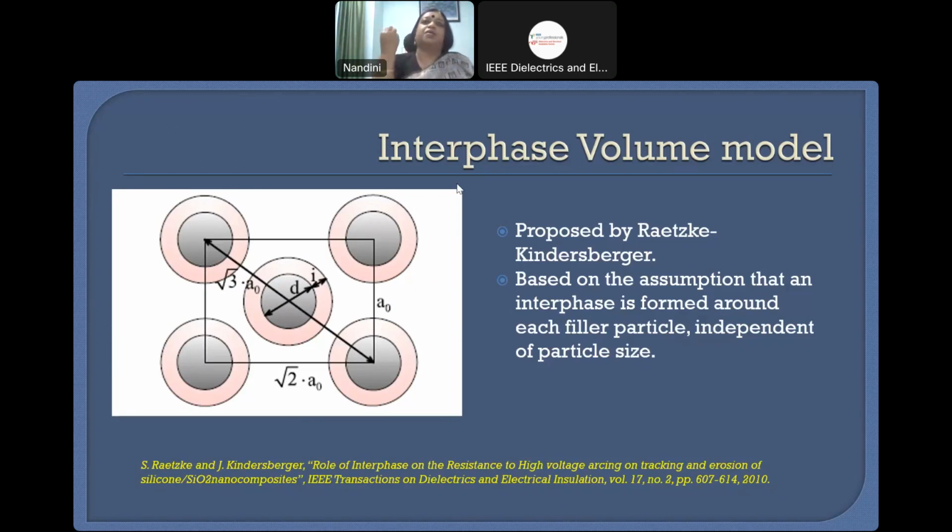So as you increase the filler concentration, the interfacial volume also increases, and ultimately there will come a situation where these interfaces will overlap and the interfacial volume will not increase further. So for a particular thickness, there is a particular filler concentration at which you will see maximum interfacial volume.